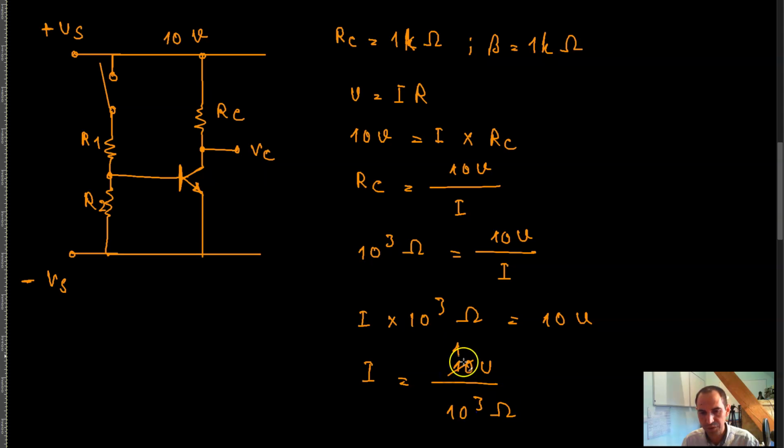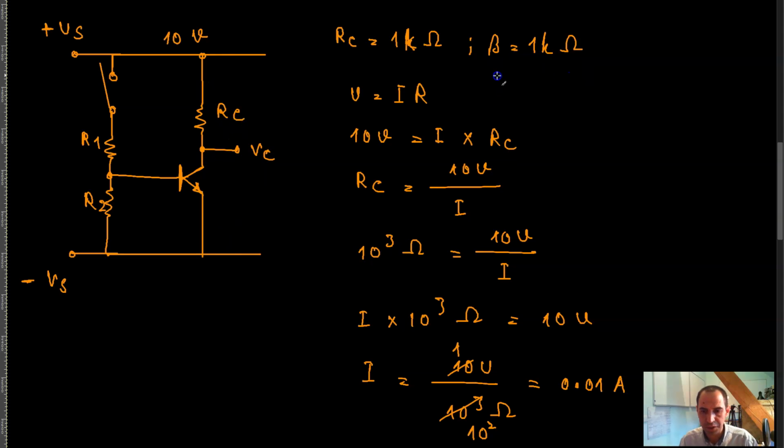And then you can simplify this, 1 over 10 raised to the power 2, which is 0.01 amp.